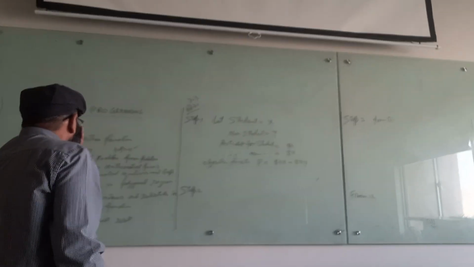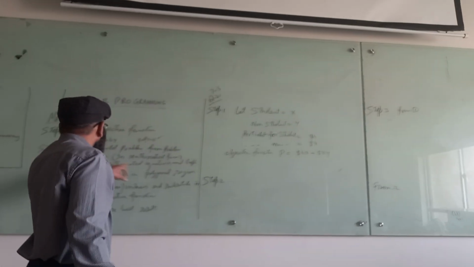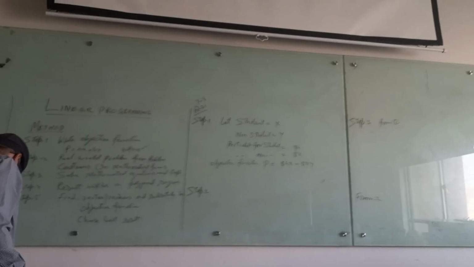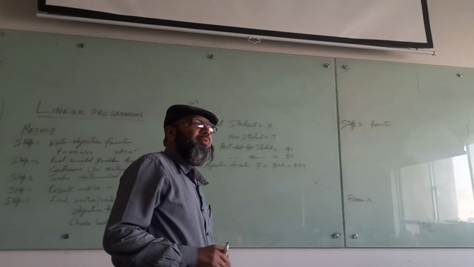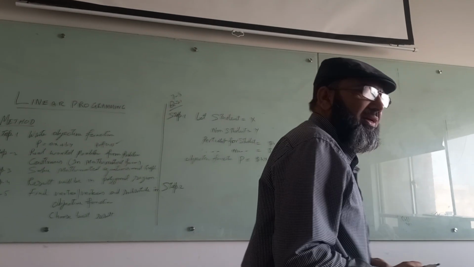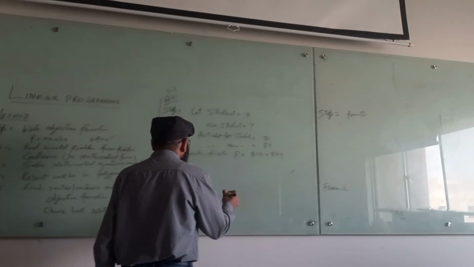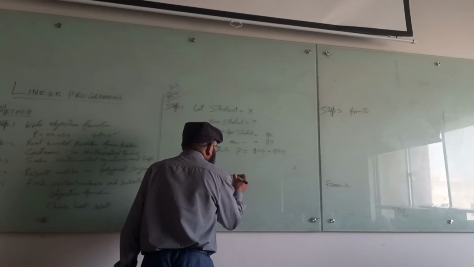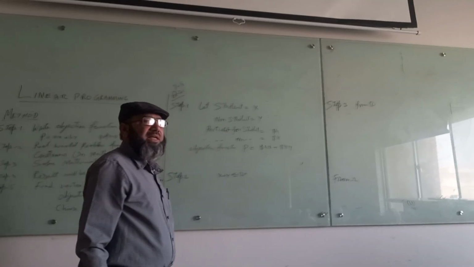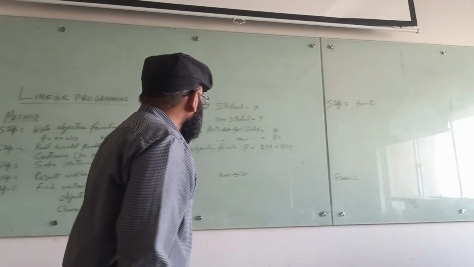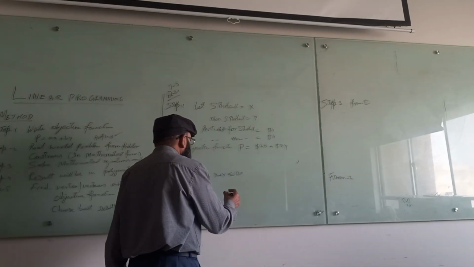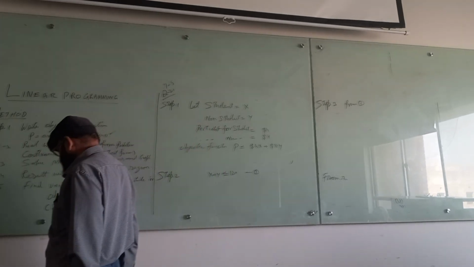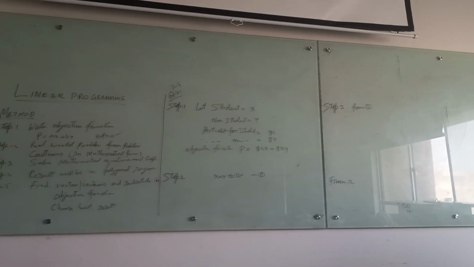Next step, problem constraints. In mathematical form, what was the wording? Altogether they have 120 seats in the theatre. So x plus y less than or equal to 120. And the second is how many students?